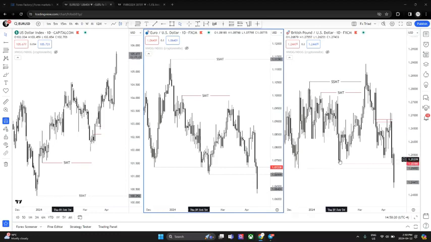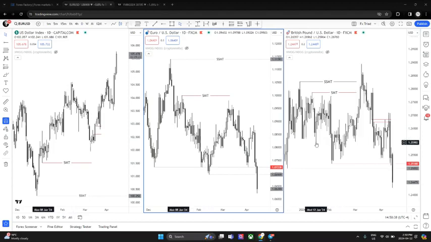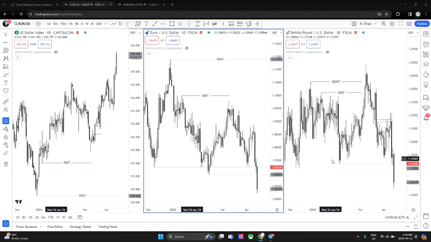Here, right, we had bullish SMT here, but, right, and you need to remember this, right? Remember the magnitude effect, right?